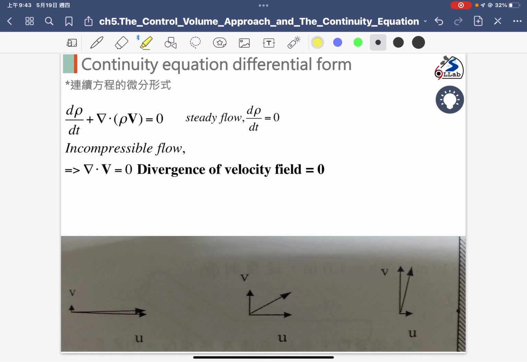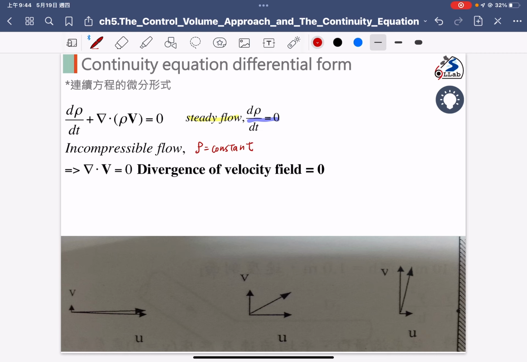So the first assumption is that our flow is steady flow. So we know that the density cannot change with time, so the ∂ρ/∂t item will equal 0 here. And second, we consider incompressible flow, so that indicates ρ is a constant value at different spatial locations.